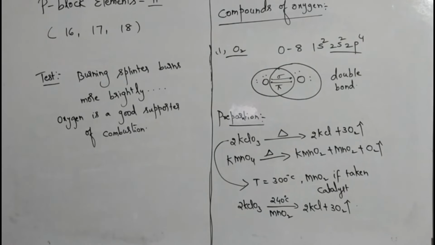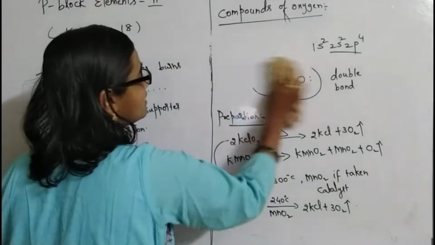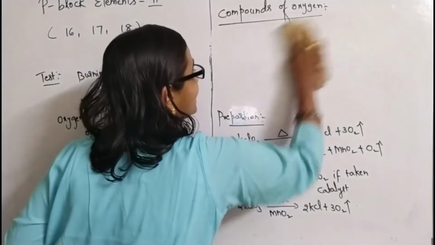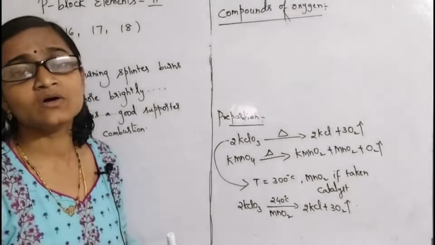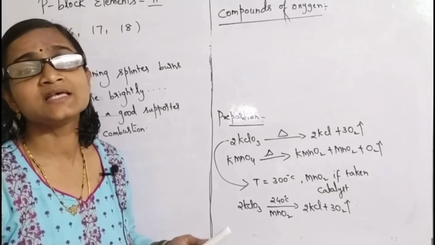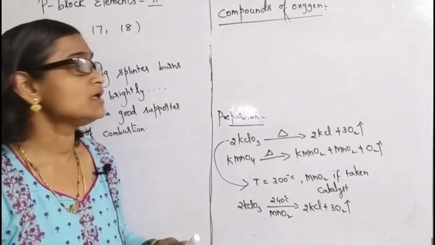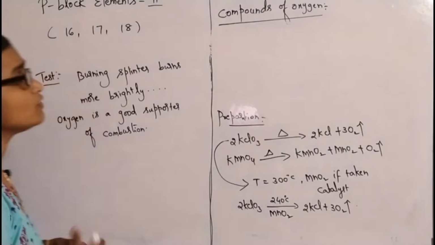And even oxygen can be obtained by thermal decomposition of certain oxides. Decomposition of hydrogen peroxide also gives you oxygen gas. Certain oxides like silver oxide, lead oxide, on heating they give oxygen gas. So preparation of oxygen gas, once you go through. And next we go for what?